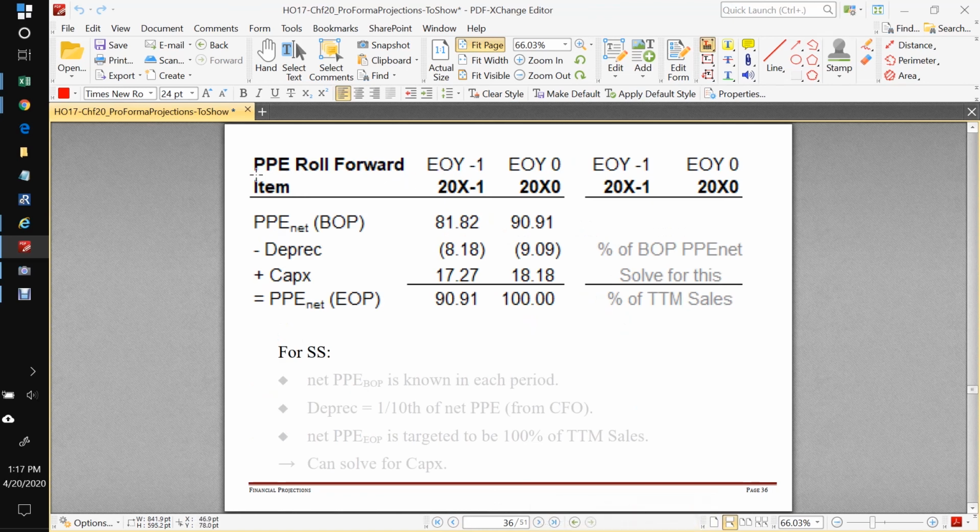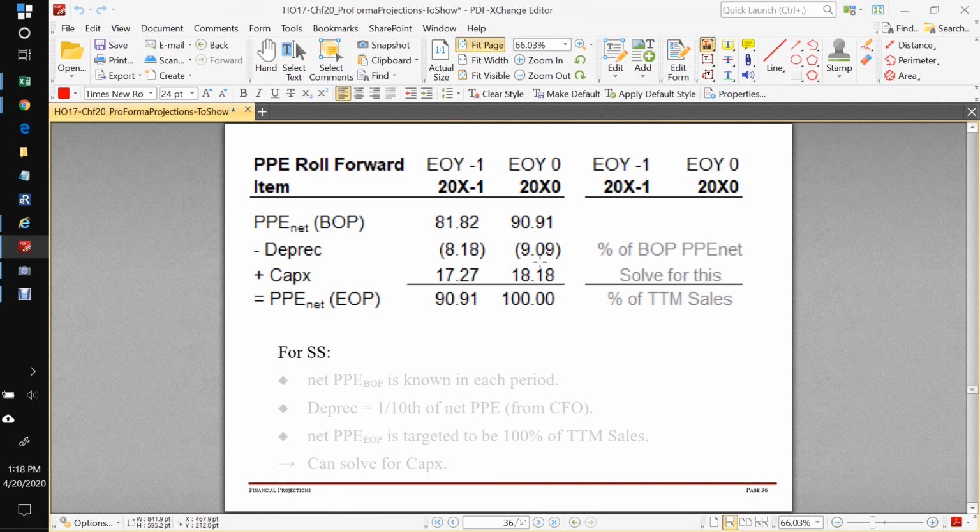Now the other thing that we're going to need is taken from the cash flow statement and other stuff, which gives us our PPE roll forward equation. PPE net beginning of period minus the amount of wear plus the amount we've added to PPE is PPE net end of period. So you can see my end of period for a year ago becomes my beginning of period for the most recent year.